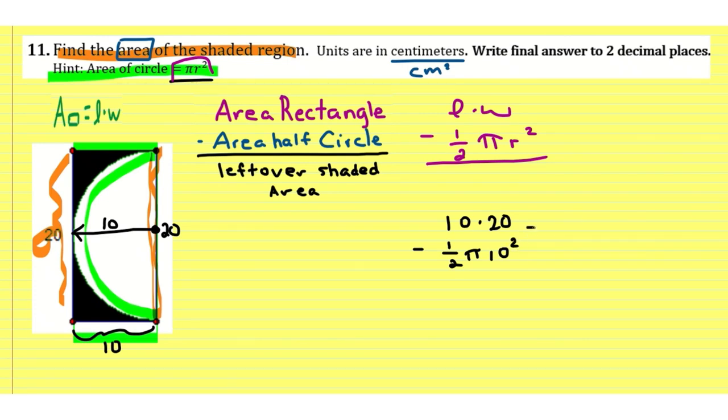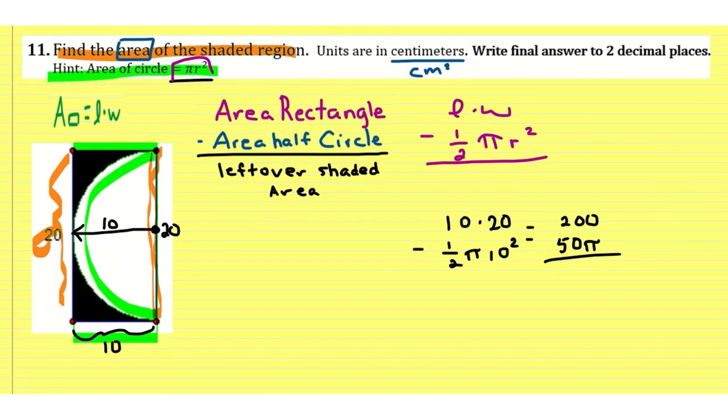When we calculate all that, 10 times 20 is 200. Then 10 squared is 100, and half of 100 is 50. So technically we would end up with 50 pi, and that would leave me my shaded area.